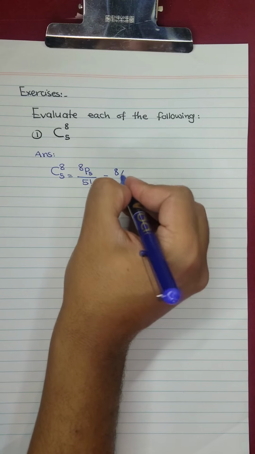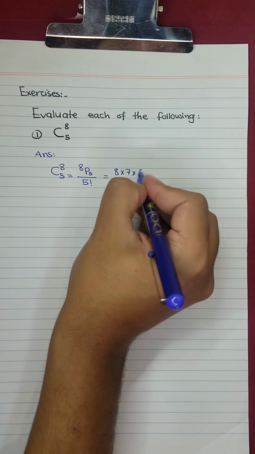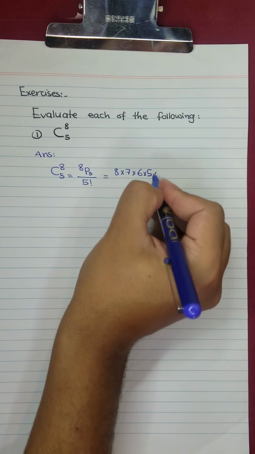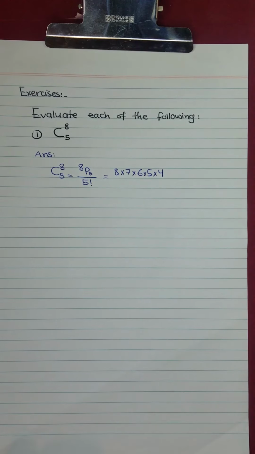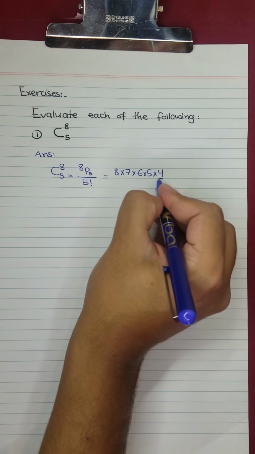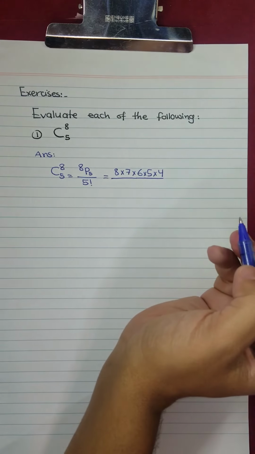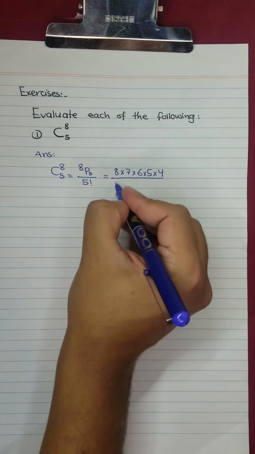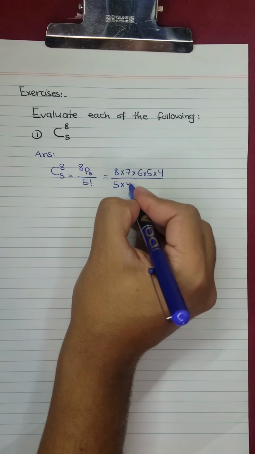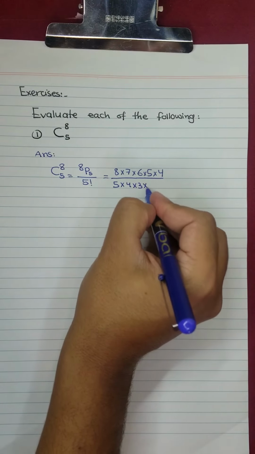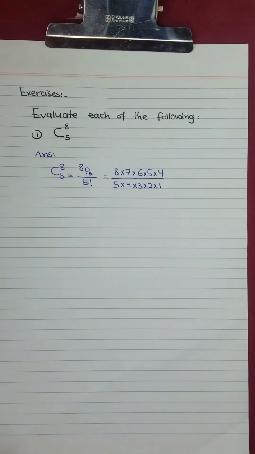So it is 8 times 7 times 6 times 5 times 4. These are 5 actions starting with 8, divided by 5 factorial, which is the sequence of all the numbers from 5 up to 1. So it is 5 times 4 times 3 times 2 times 1.